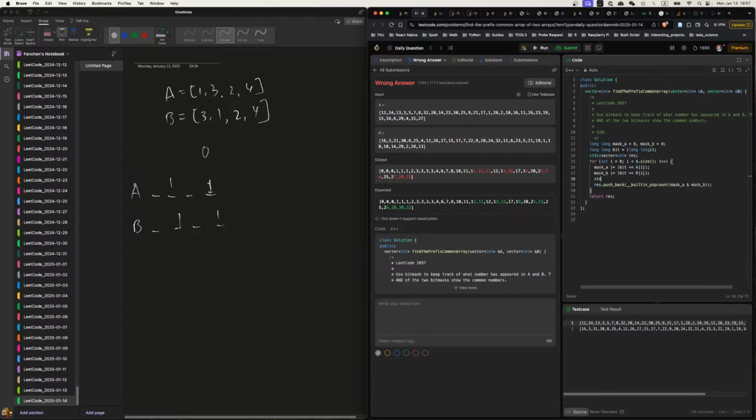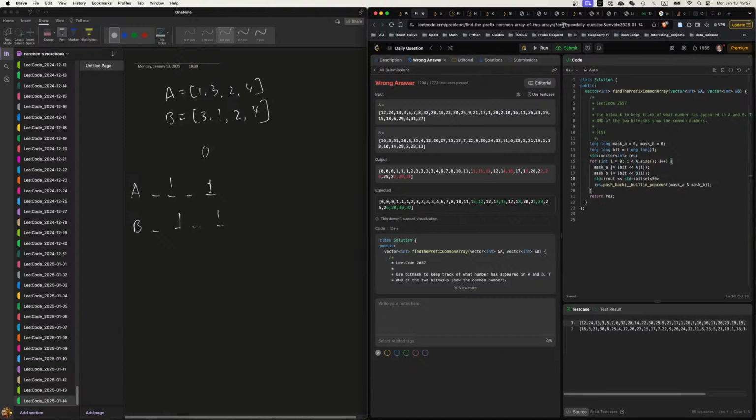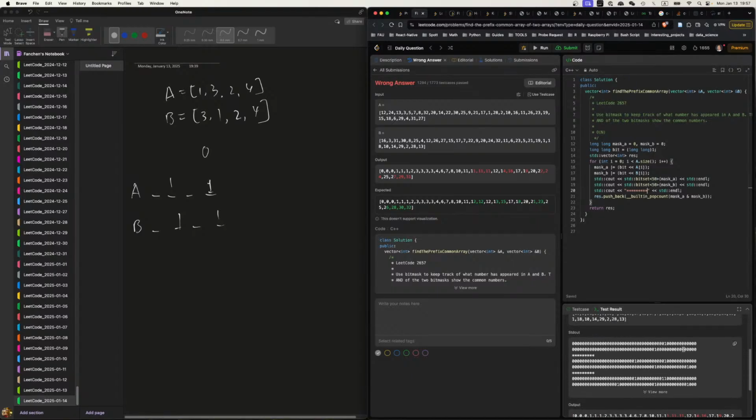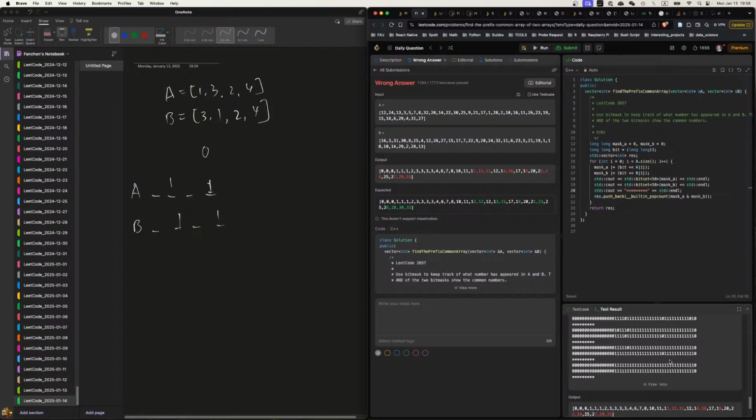So std::cout bitset 50, mask A. All right, let's see what went wrong. It looks good to me.